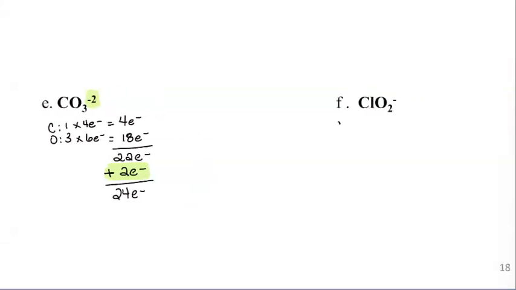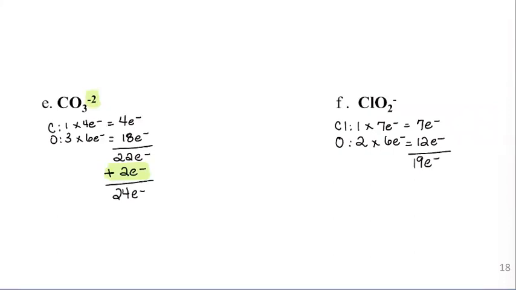So here we have 1 chlorine, we have oxygen, there's 1 chlorine, there's 2 oxygens. For chlorine, we're going to multiply it times 7 electrons, because remember, chlorine lives in 7A. For oxygen, we're going to multiply it times 6 electrons, because it lives in 6A. So this is 7 electrons. This is 12 electrons. So at first, we're going to say, oh, there's 19 electrons available for bonding.